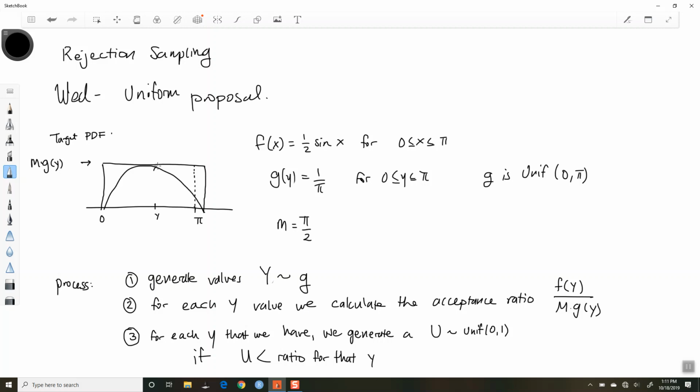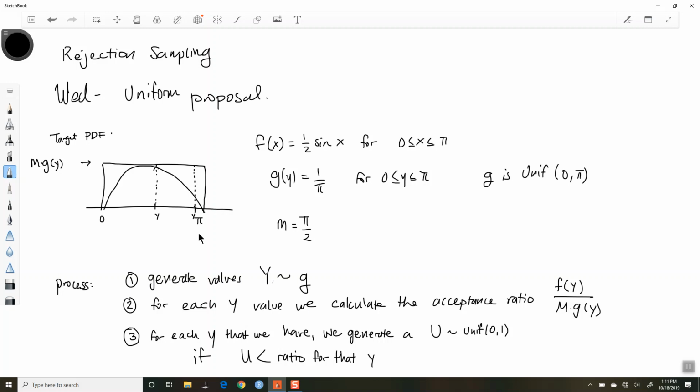The y values right here have a high acceptance ratio, like 95%. The y values over here have a low acceptance ratio. So for each y, you have to figure out its acceptance ratio, and to decide whether or not to keep it, you generate a random u. So if the acceptance ratio is like 12%, you generate a u, and if that u is less than 12%, which will happen 12% of the time, then you'll keep it, okay?